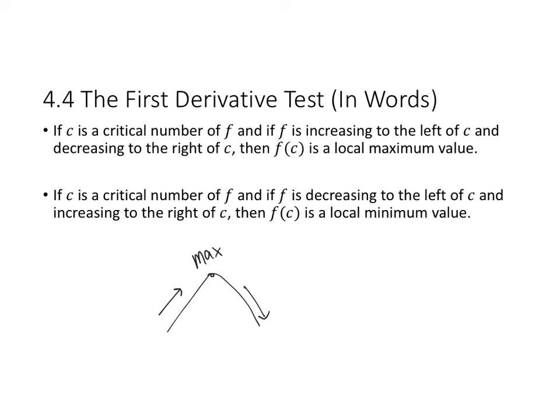If at the critical number f is decreasing on the left and then increasing on the right, we have a minimum. So again, while those looked really complicated, that's all it's telling us. If our derivative goes from positive to negative at our critical number, we have a max, and if our derivative goes from negative to positive, we have a min.